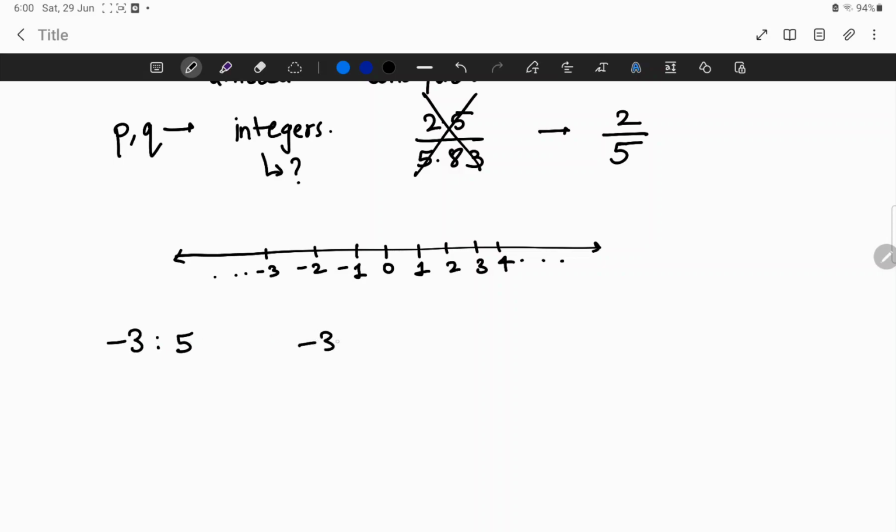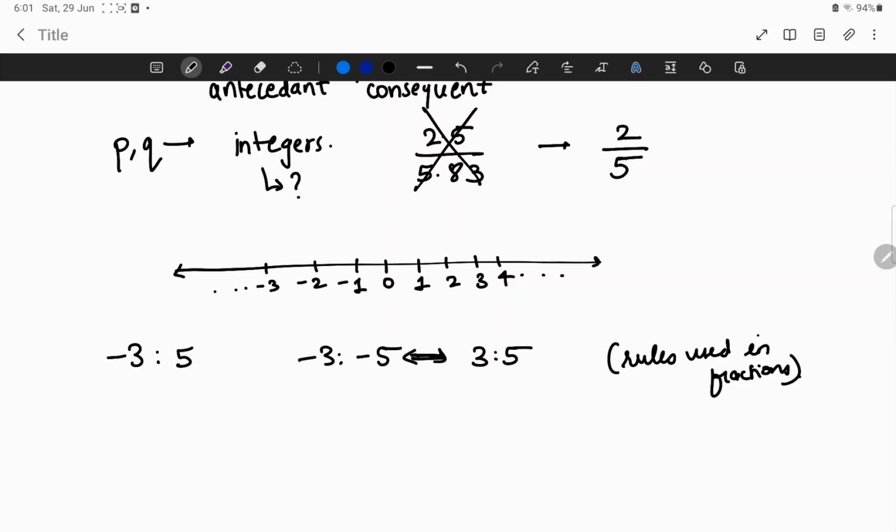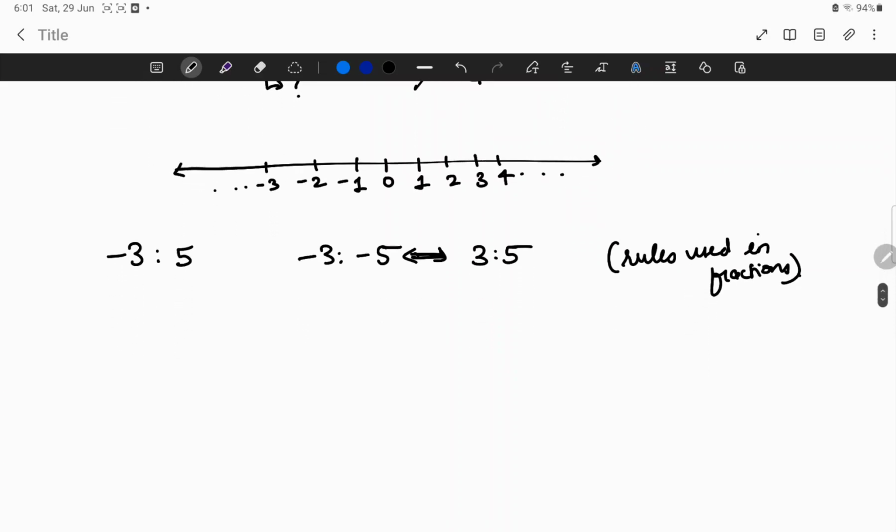The -3:5 would correspond to 3:5. These are rules that you also use in fractions, so you just apply them to ratios as well.